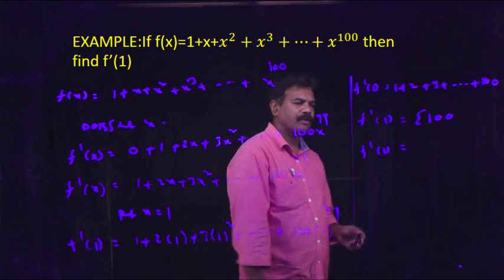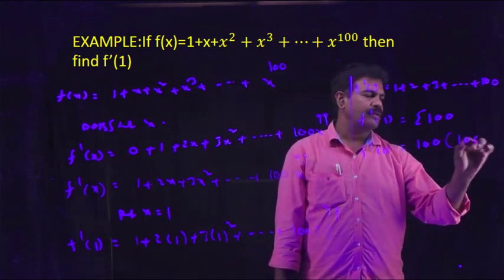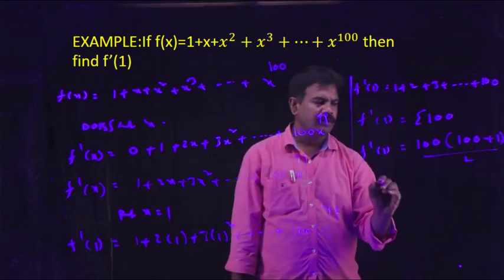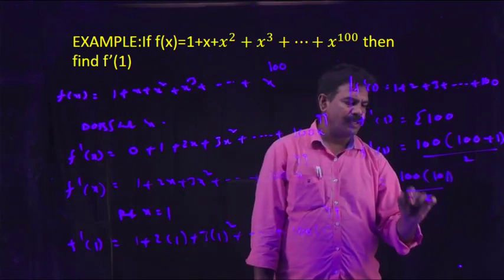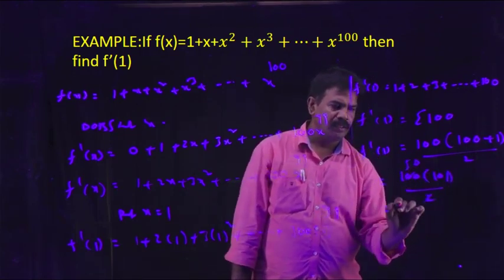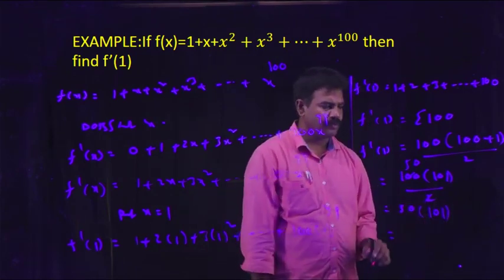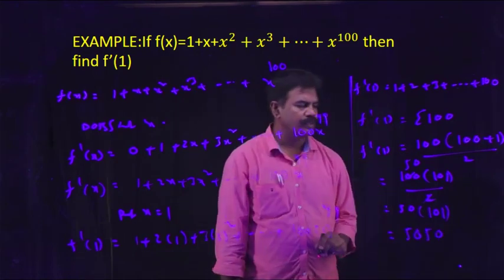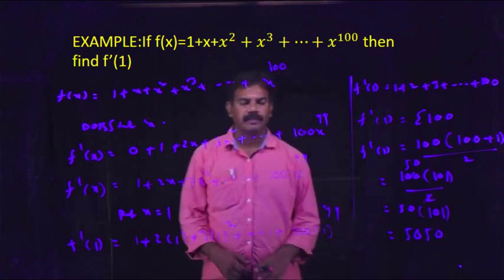By using this formula here, we get n into n plus 1 by 2. That is equal to 100 into 101 by 2. That is 50 into 101. That is equal to 5050. So this is the solution of the example.